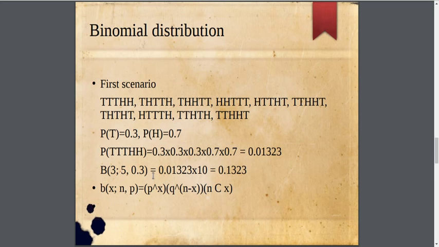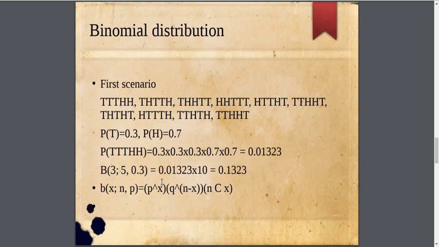Now, let's figure it out. We have that this is our probability of success, 0.3, and 0.3 is repeated 3 times, right? So 3 is our number of successes.